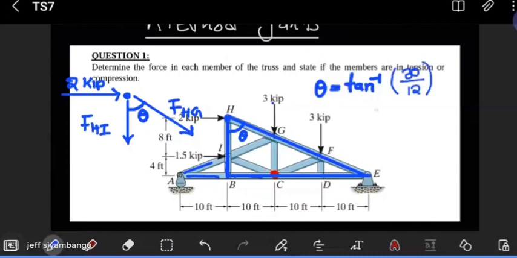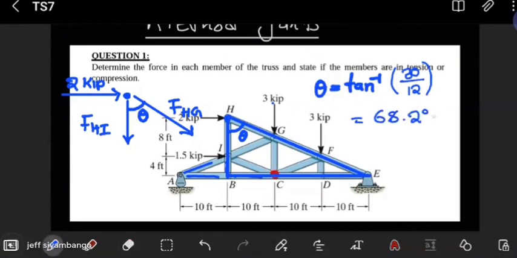What will be the angle? 68.2. Okay. So now that we know theta, we can easily sum forces here.